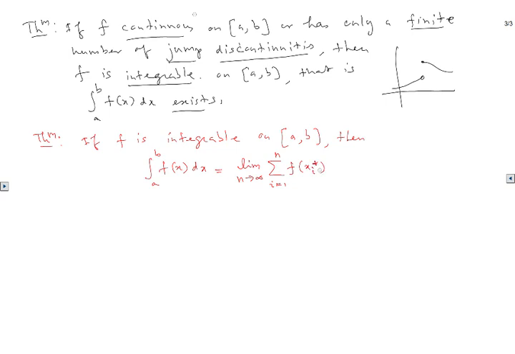Star means any point. It can be the right-hand point, the left-hand point, the middle point, or any point inside the interval. And we assume delta x is equal, but not necessarily.